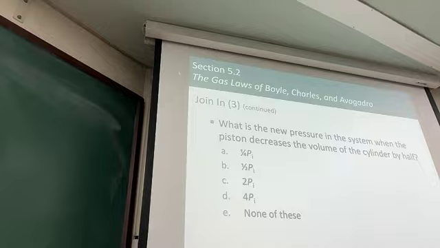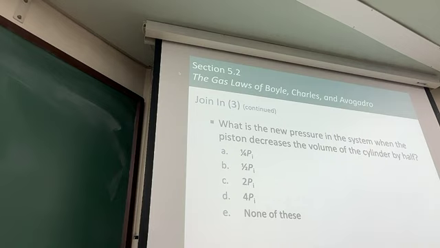And now we can actually combine all these equations together in a single expression. All of these expressions are exactly satisfying this rule. This is called the ideal gas law.